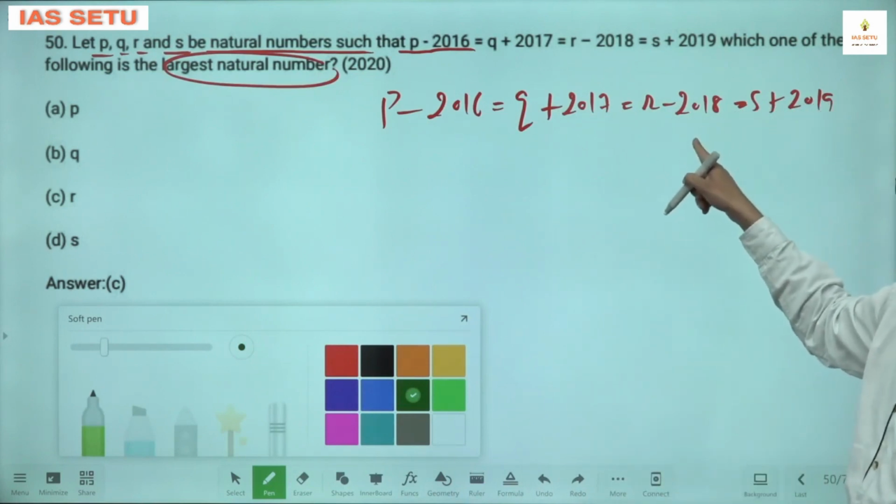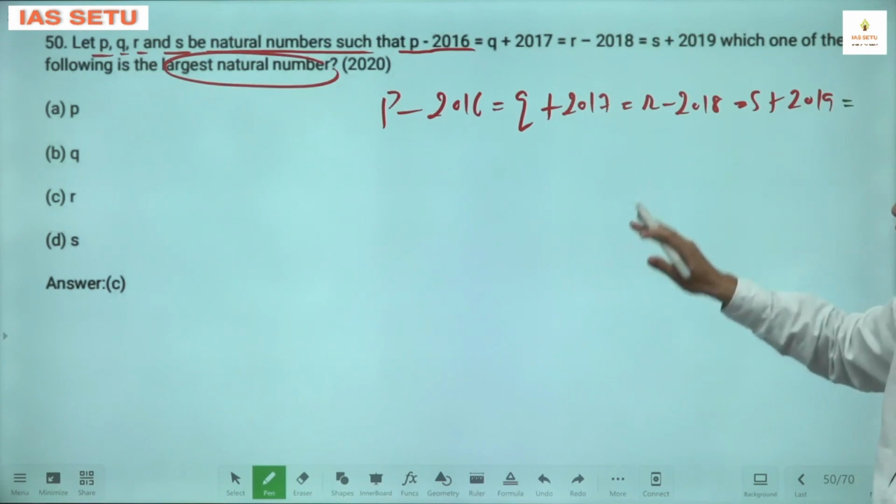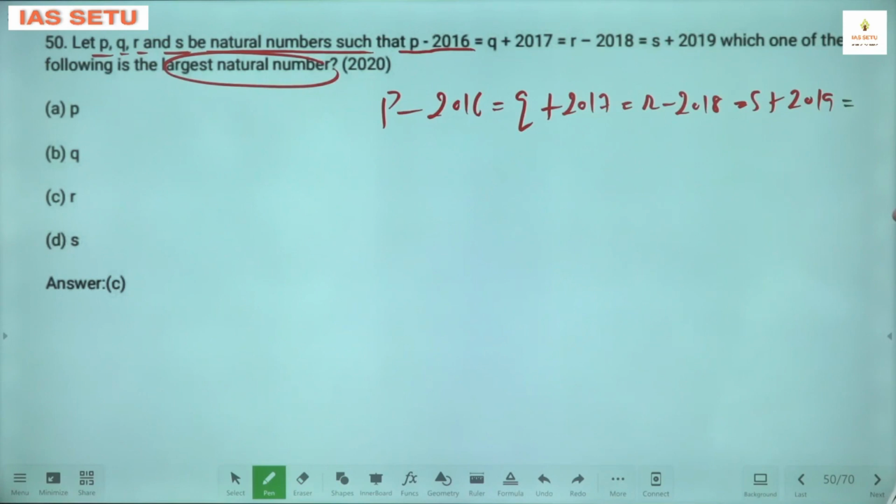Out of any number we subtract 2018. I assume, see here, this value will come like 2020. Total has to be 2020.